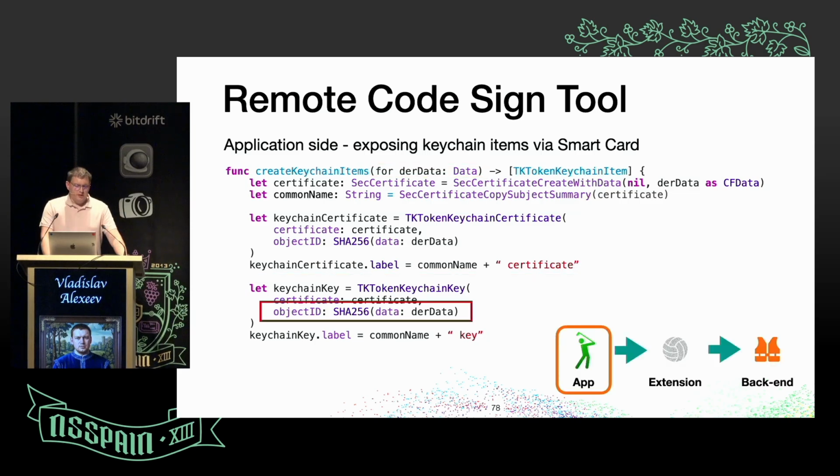The important part here is that for the key, you need to expose the object ID, which the extension will then pass to the backend, which the backend should be able to understand and refer to the corresponding private key. Just for the simplicity of this talk, it's just the SHA-256 of the DER certificate.